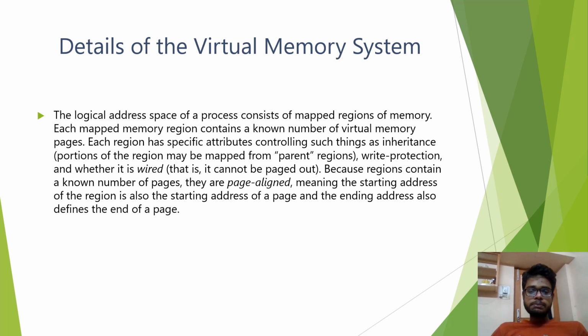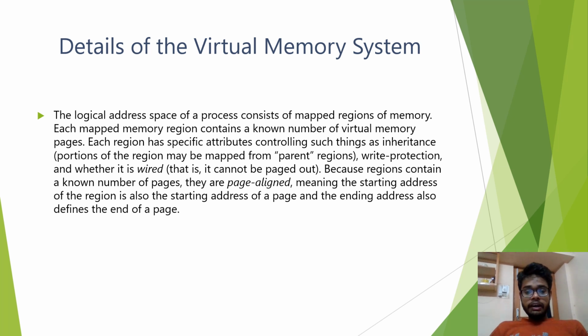The logical address space of a process consists of mapped regions of memory, and each mapped memory region contains a known number of virtual memory pages. Each region has specific attributes controlling such things as inheritance, which portion of the region may be mapped from a parent region, write protection, and whether it is wired.